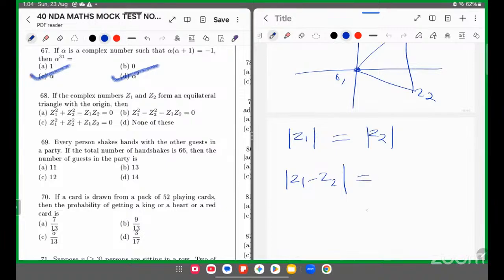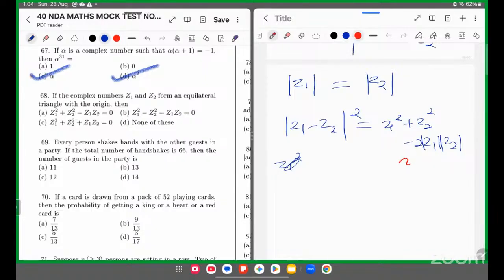If you take the square, I can write it as Z1 square plus Z2 square minus 2 times modulus of Z1 into Z2. Z1 and Z2 both are equal.